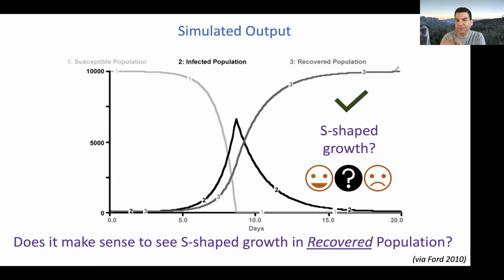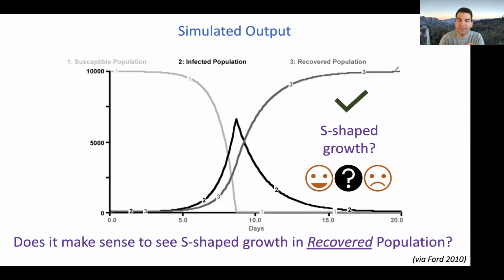Does it make sense for me to have S-shaped growth in the recovered population? And if I think about it, I said, you know what, the reinforcing loop was reinforcing the growth of the infectious population. I didn't really think about the recovered population critically.